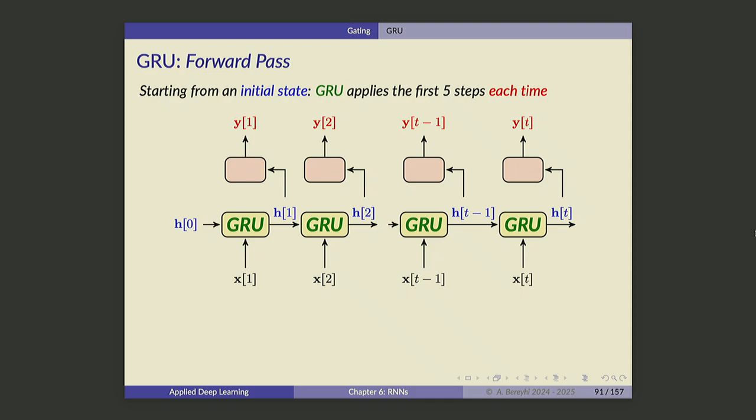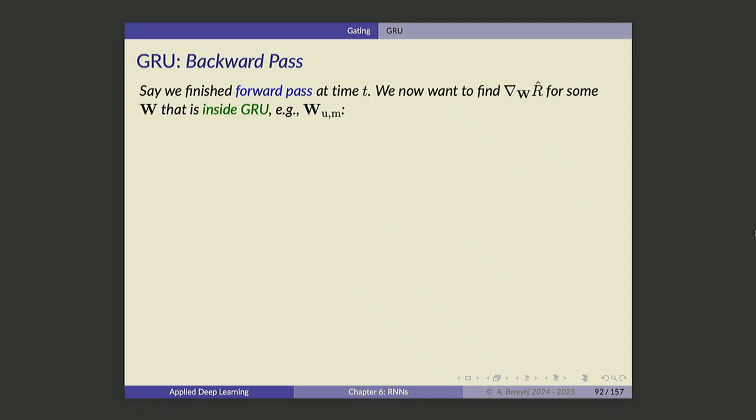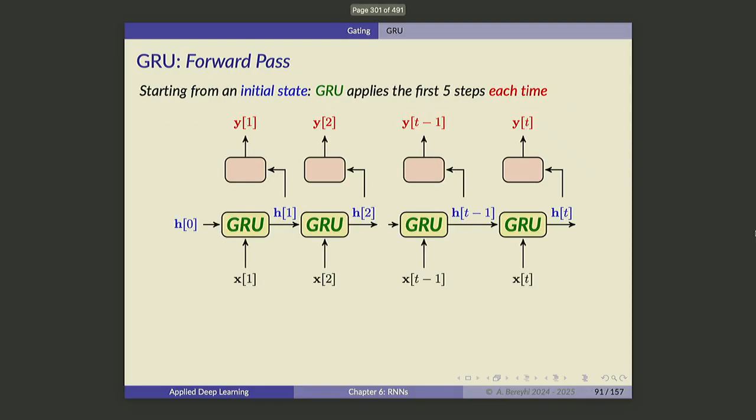Now, if you want to do a backward pass on the GRU, like you did the forward pass, where you passed all the information through and computed all the outputs, how are you going to do the training? You don't do any magic. It's just simply backpropagation, but you need to do it over time. And since you are doing gating, that gating might help you to get less vanishing gradients.